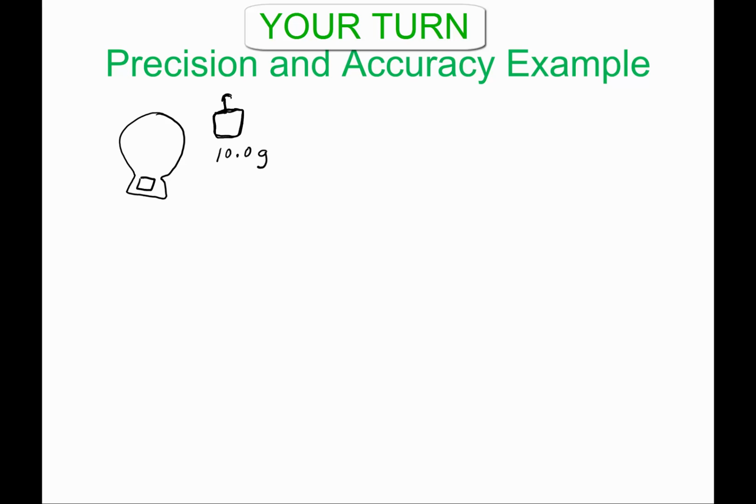And then you get the following data. Let's say we weigh it 3 times, and on the first trial it says it's 9.9 grams. On the second trial, you get 10.0 grams.